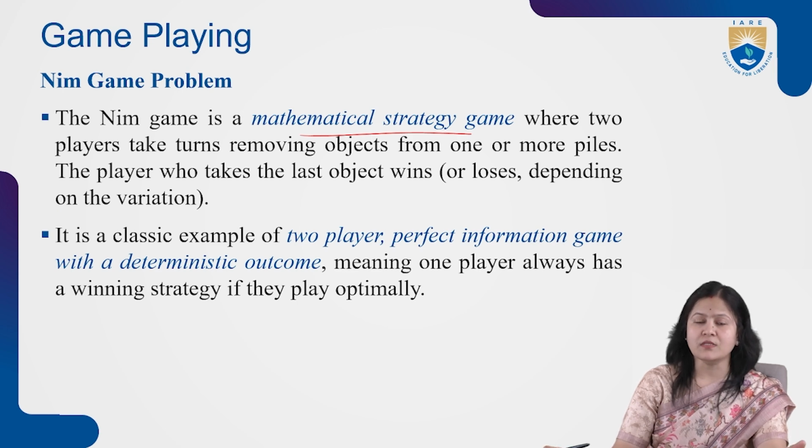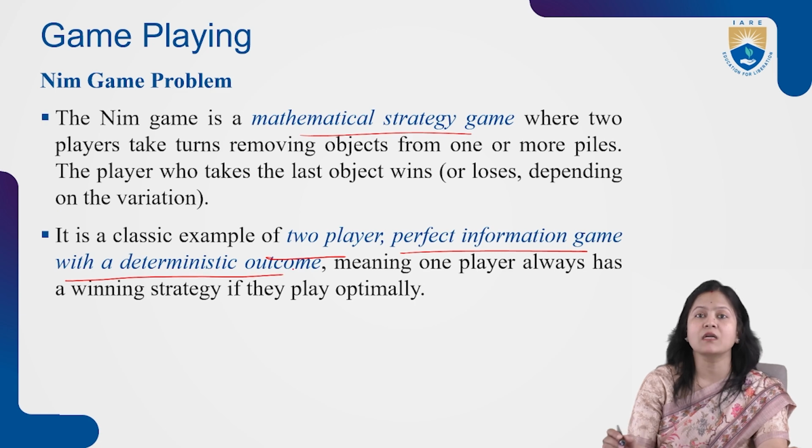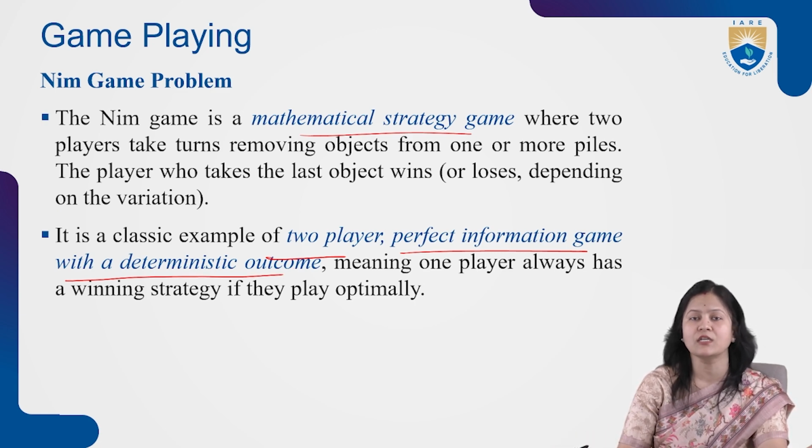Definitely we have to check who is taking the last object from the pile of objects. So it is a classical example of a two-player perfect information game with a deterministic outcome. First of all, it is a two-player game which follows the minimax strategy: one is the max player, another one is the min player. Perfect information game means all the information regarding the state space of the environment is known to both the players.